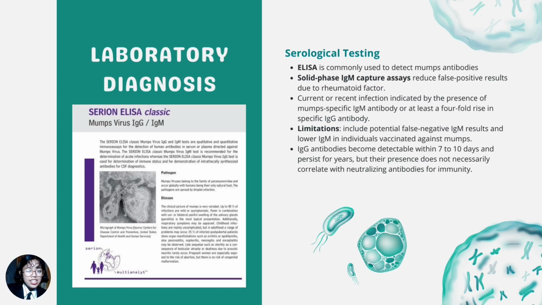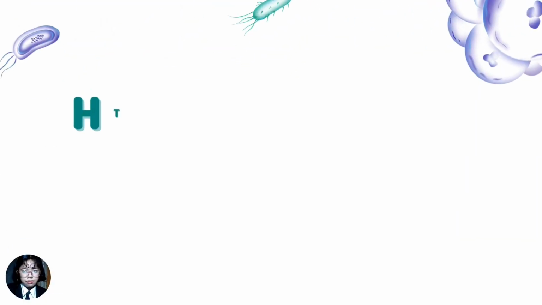However, it is essential to be mindful of limitations, such as potential false negative IgM results and lower IgM in individuals vaccinated against mumps. Furthermore, the presence of IgG antibodies, while detectable within 7 to 10 days and persisting for years, doesn't necessarily correlate with neutralizing antibodies conferring immunity.